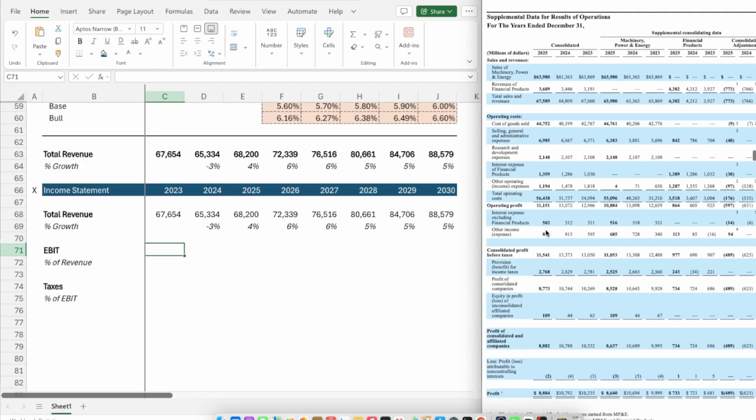Okay, yeah, we can use this one. Consolidated profit, operating profit. The 12,960. This is actually a better way to have.